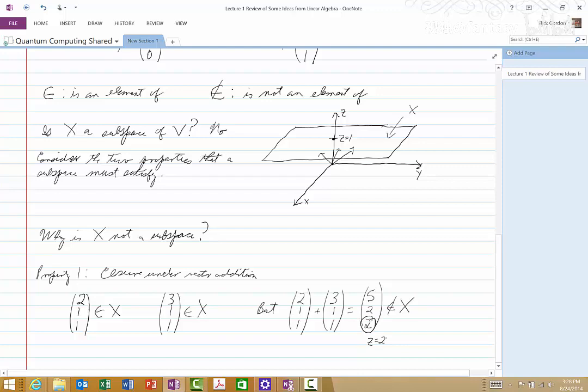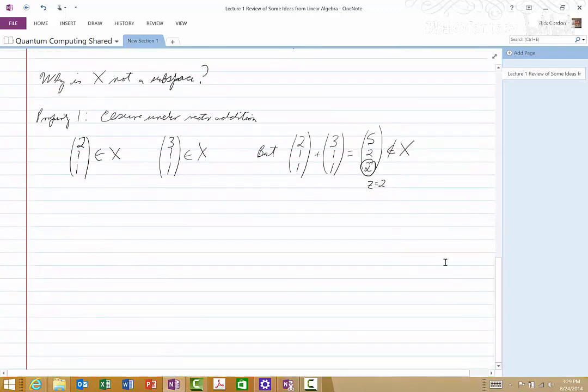So what we've done here is that we have added two vectors, both of which are in X, but when we add them together, we get a vector that's not in X. So X is not closed under vector addition, therefore it is not a subspace.